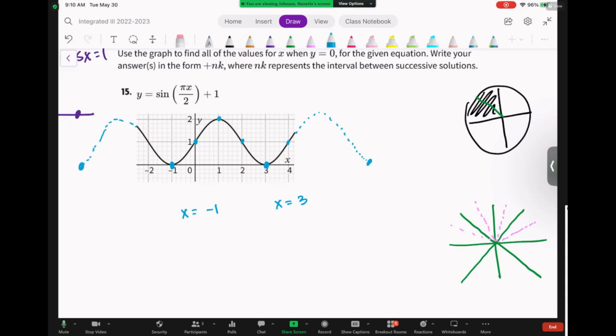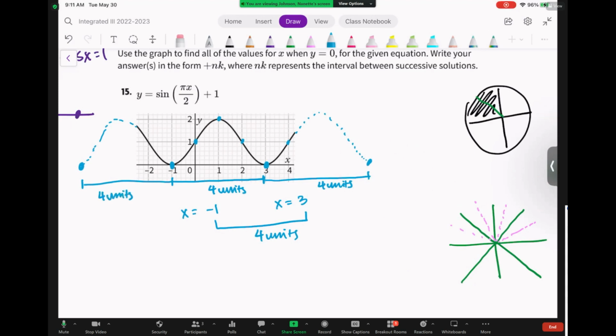The distance between here and here is 4 units, the distance between here and here is 4 units, so the distance between here and here is going to be 4 units, and here is going to be 4 units.